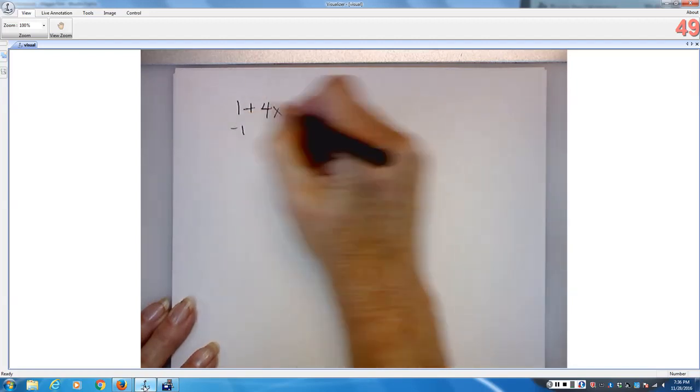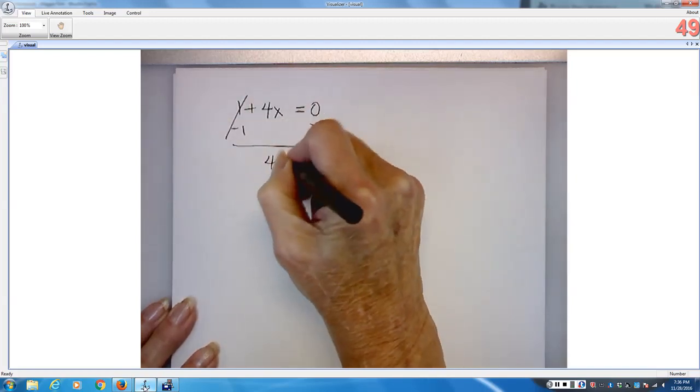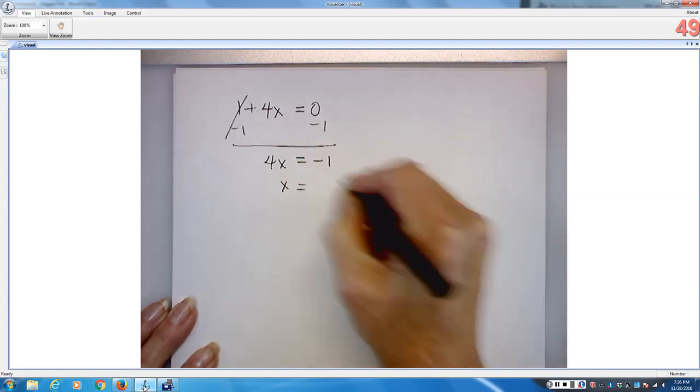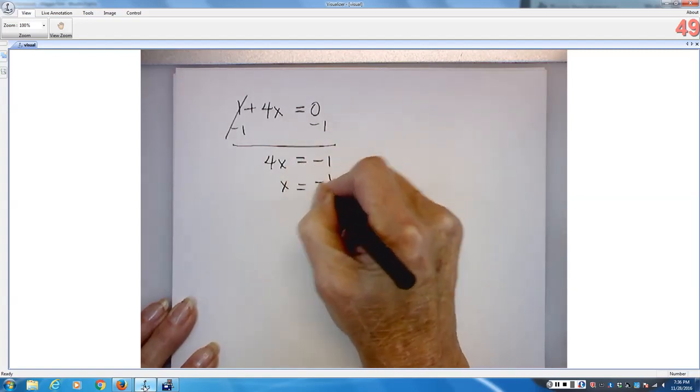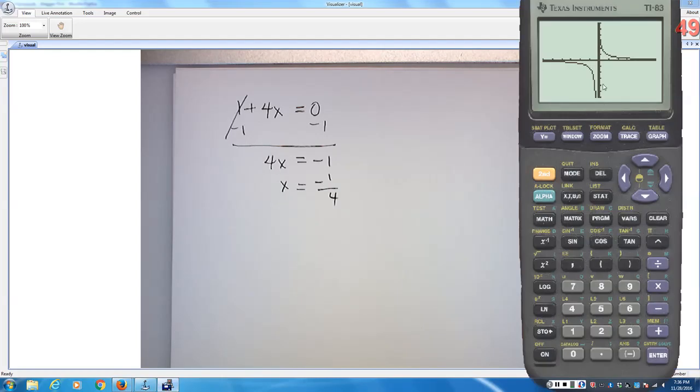So I'm going to subtract 1 from both sides. So if x is negative 1/4, then the denominator is equal to 0. So what the calculator is actually trying to approach here is the negative 1/4.